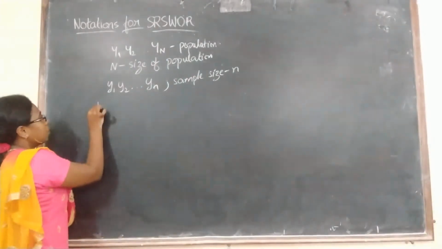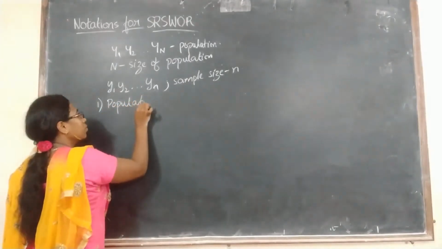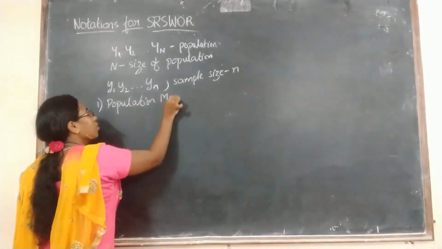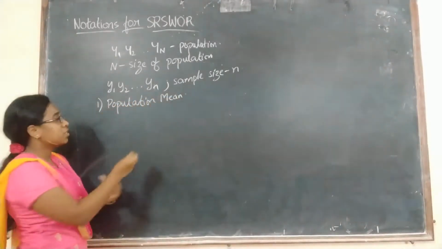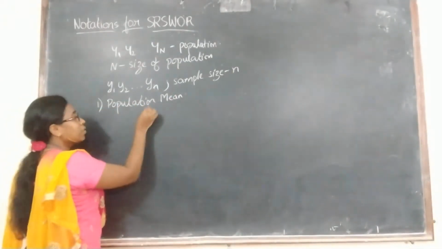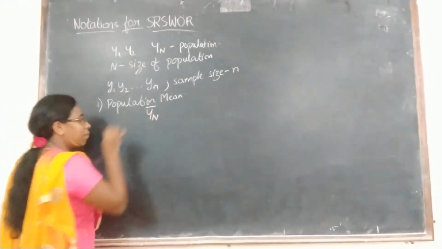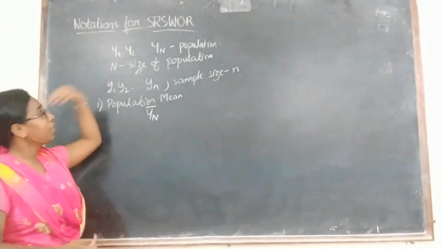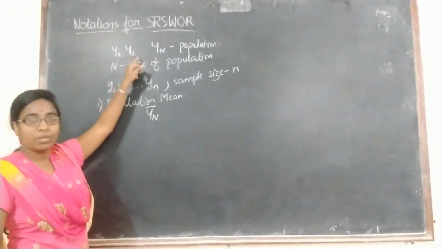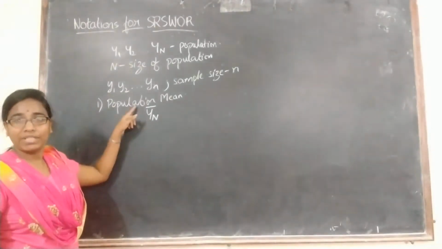Now the first one is population mean. You are writing the mean for the population, so you will use capital Y. Mean is denoted with Y bar, and as the notation, so that there is no confusion between the population and sample, we will write it as Y capital N bar.